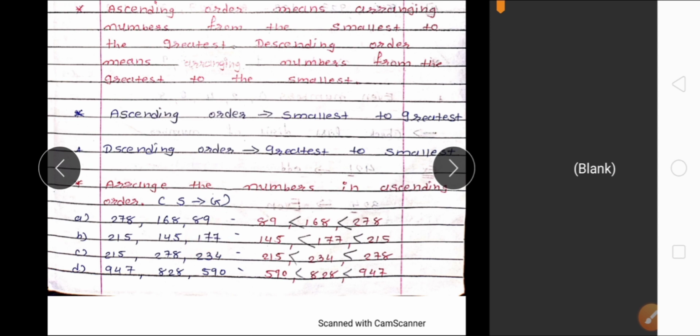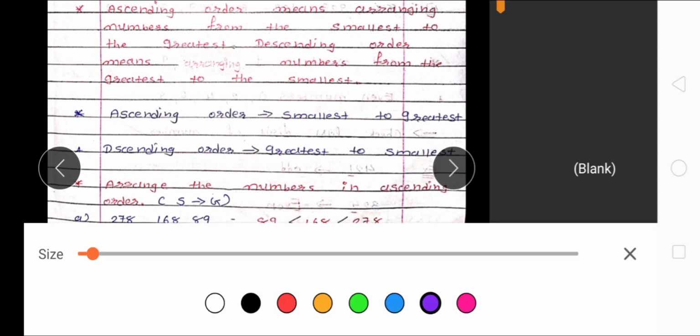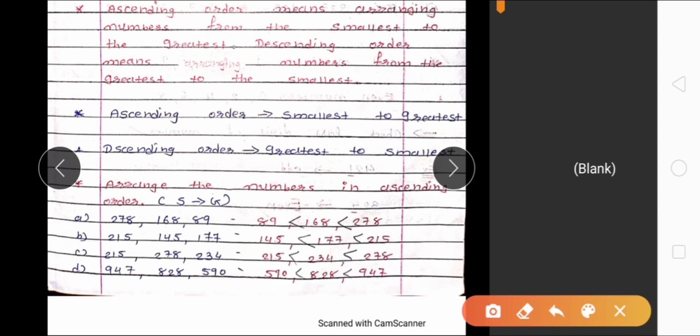So 89 is a 2-digit number and it is smaller than the 3-digit numbers. So 89 is the smallest. So first we write 89. Now in 278 and 168, check the hundreds place. In 278, 2 is in the hundreds place.